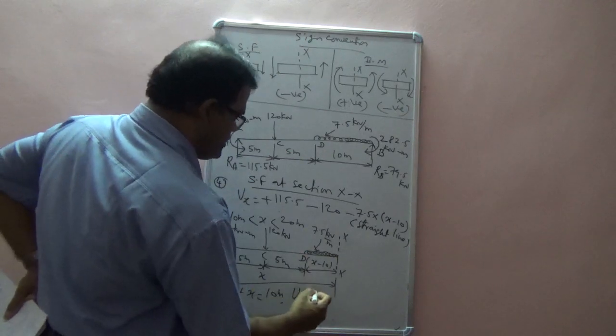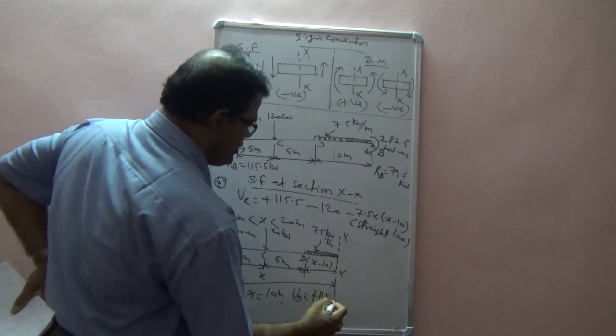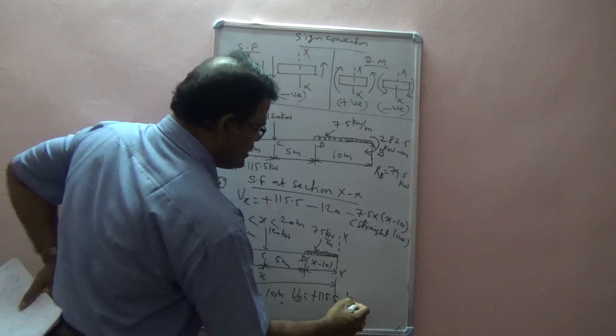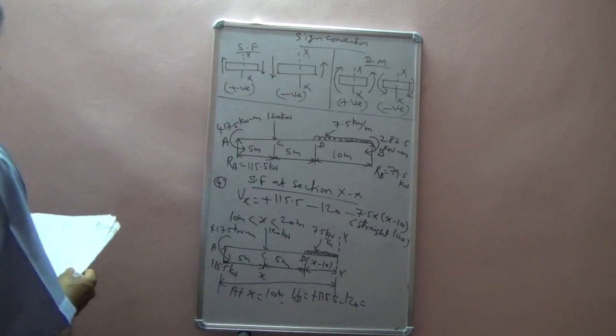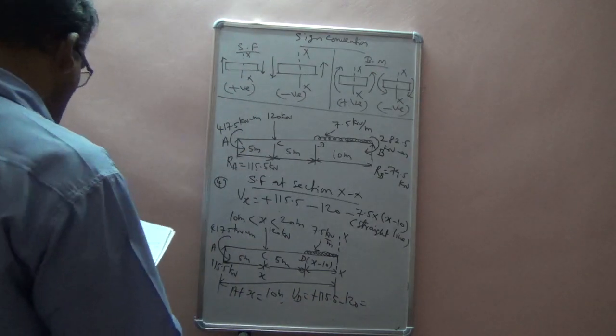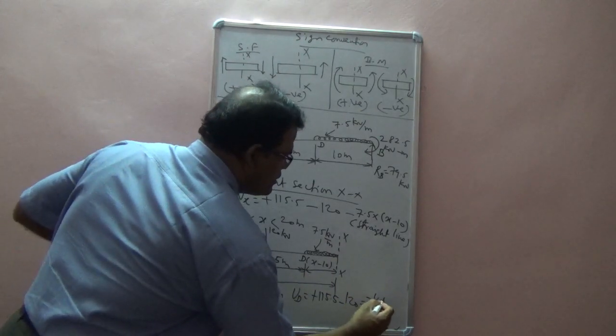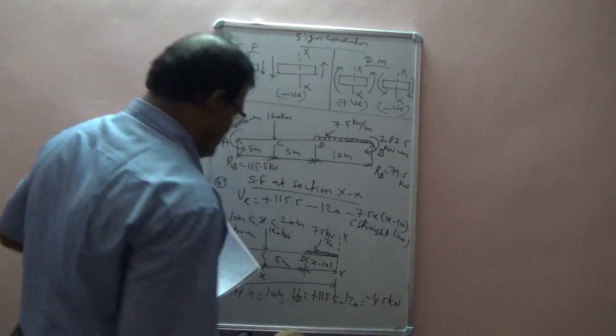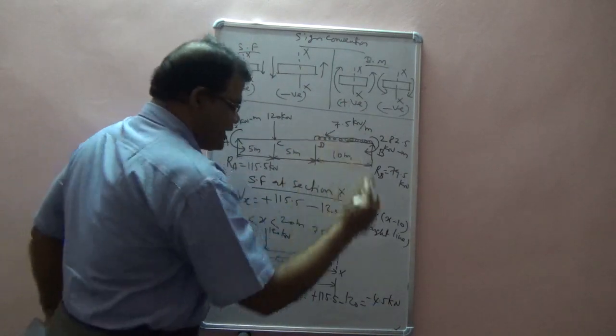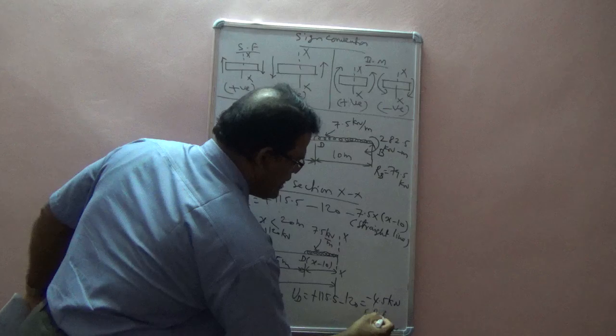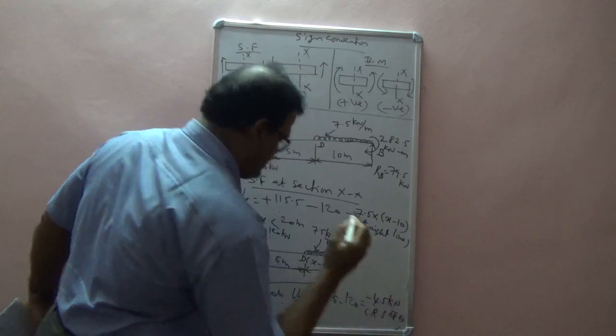So plus 115.5 minus 120. So VD will be equal to minus 4.5 kilonewton. So this is right side of D.